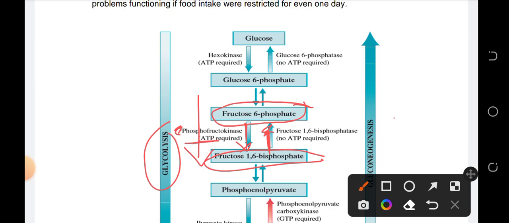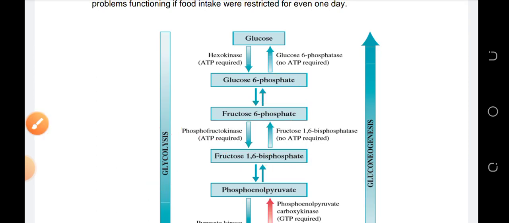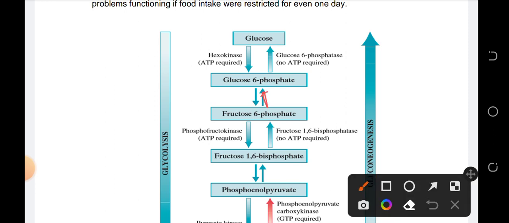Pero this time, during the gluconeogenesis, hindi na natin kailangan daw ng ATP. Okay? At ang kailangan nating enzyme is fructose 1,6 bisphosphatase. Okay? And from there, from fructose 6-phosphate, mag-undergo siya ng isomerization reaction para maging glucose 6-phosphate.